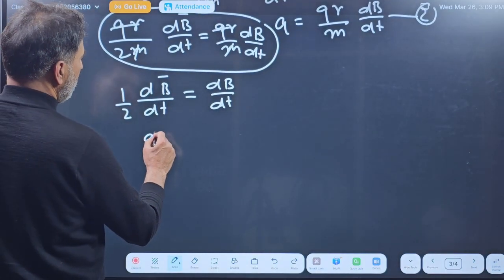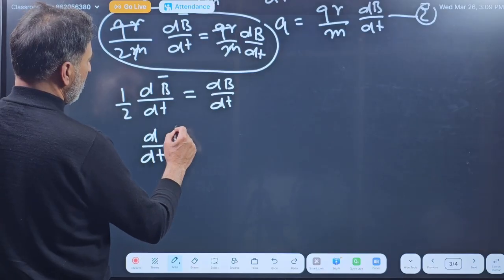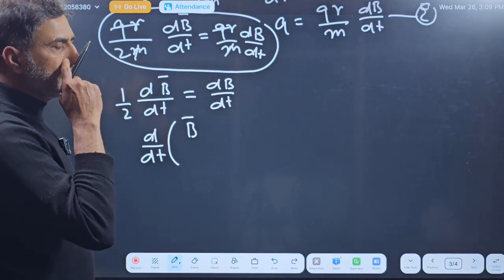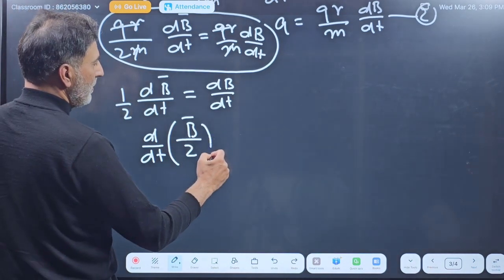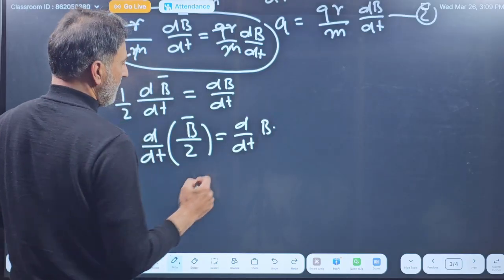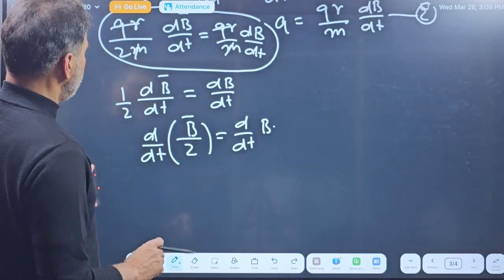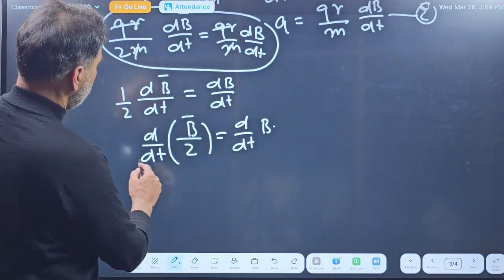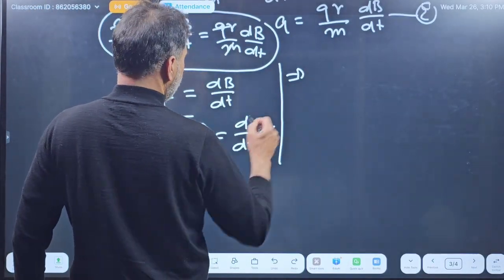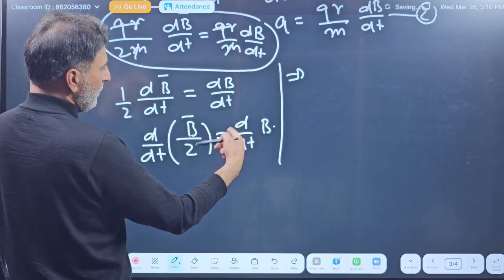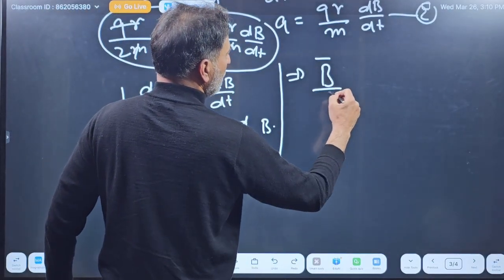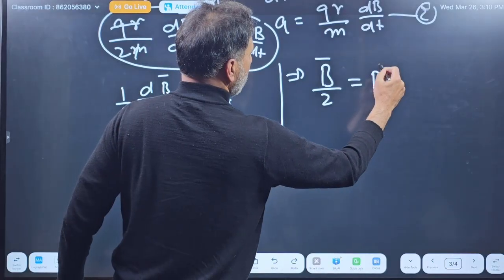If we write it like this, it is d by dt of B bar, the average magnetic field inside the circle, divided by 2, is equal to d by dt of B, the magnetic field on the periphery. Okay. Now if you integrate both sides, the differentials cancel. We'll get B bar by 2 is equal to B.